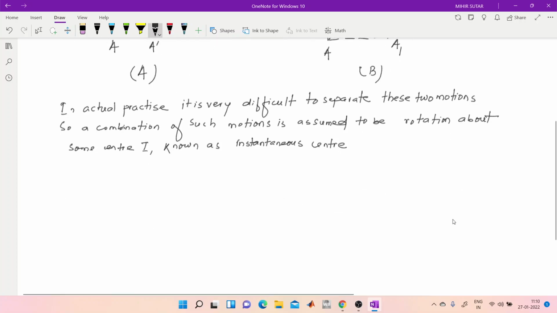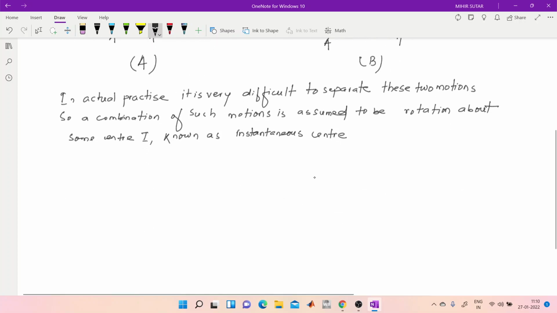We can also say a virtual center of rotation. It is also known as the virtual center of rotation.